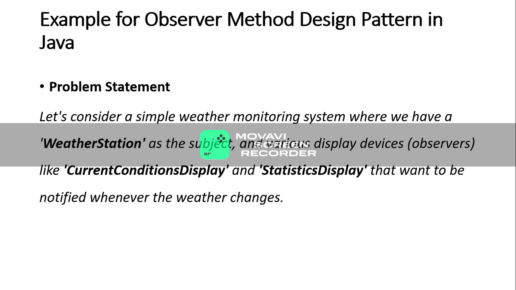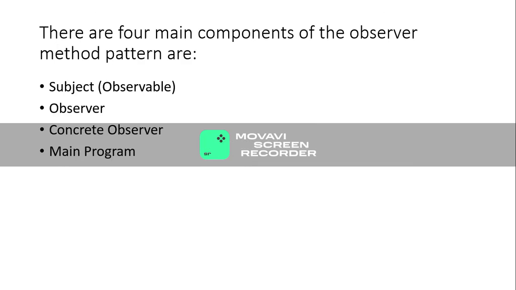The weather station has to update its temperature to every observer at regular intervals. The weather station is the subject here, and the current condition display and statistics display are the two observers we have. Let's see how this can be implemented using the observer interface.